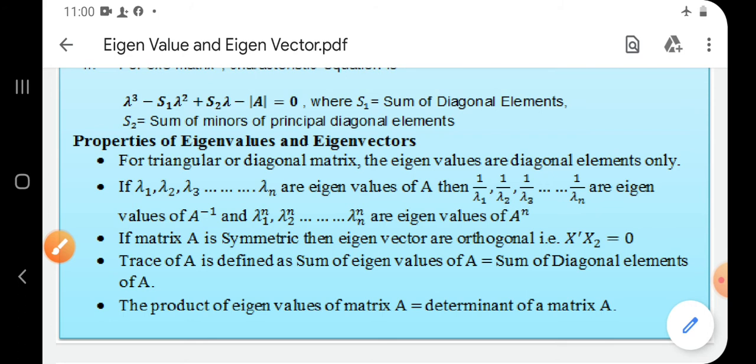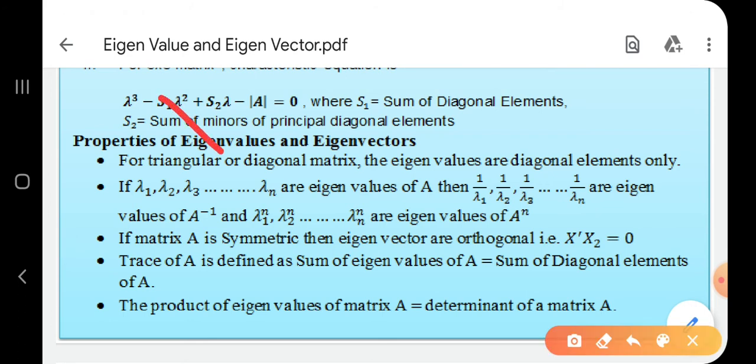Next one is, if lambda is an eigenvalue of matrix A, then 1 upon lambda is an eigenvalue of matrix A inverse. So in general, if lambda 1, lambda 2, lambda n are eigenvalues of matrix A, then 1 upon lambda 1, 1 upon lambda 2, 1 upon lambda n are eigenvalues of A inverse, and lambda 1 raised to n, lambda 2 raised to n, lambda n raised to n are eigenvalues of A raised to n.